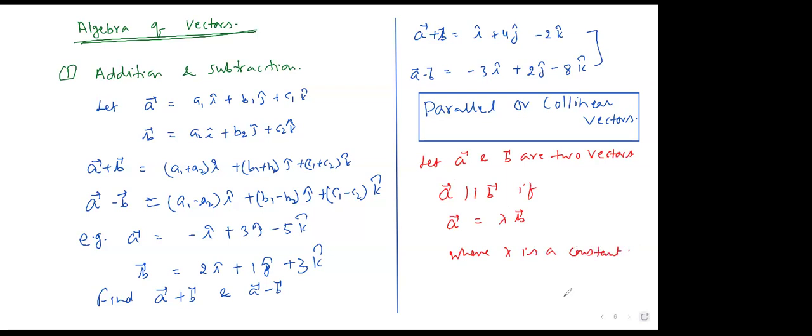Suppose we have vector A equals 2i cap minus 3j cap plus 4k cap, and B vector is minus i cap plus 3 by 2j cap minus 2k cap.